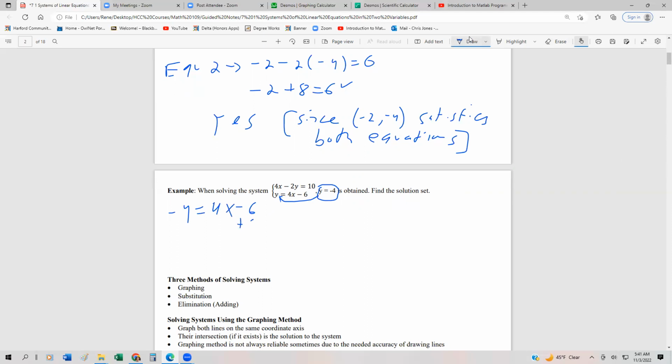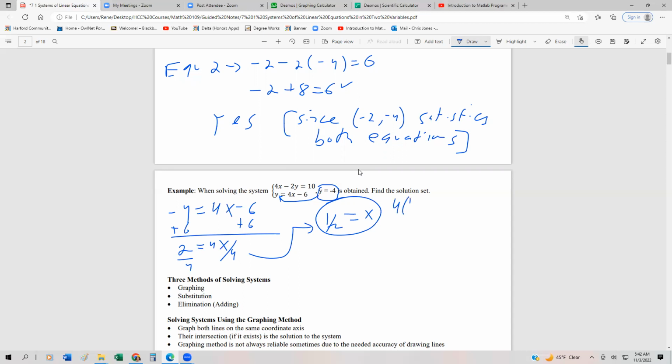I'm going to add 6 to both sides, and we get 2 equals 4x. Then I'm going to divide both sides by 4, and so 1/2 is equal to x. To make sure that this is true, we can substitute 1/2 and -4 back into the first equation. I'm going to do it because it's one of the first times that we're dealing with systems.